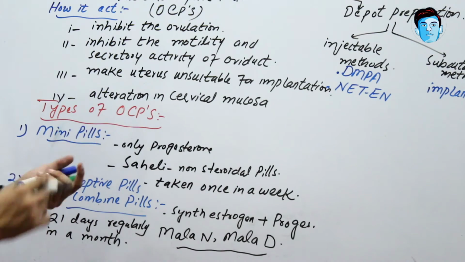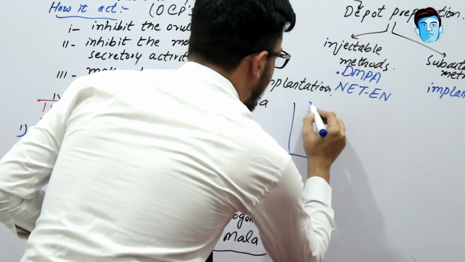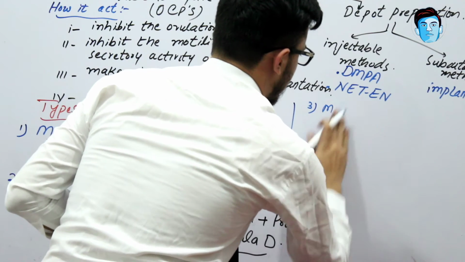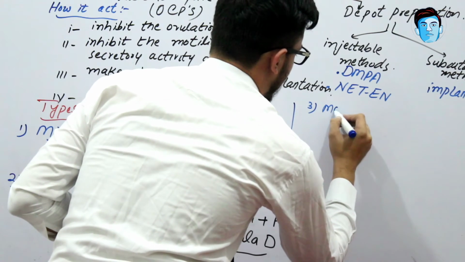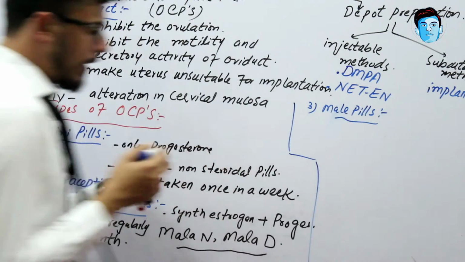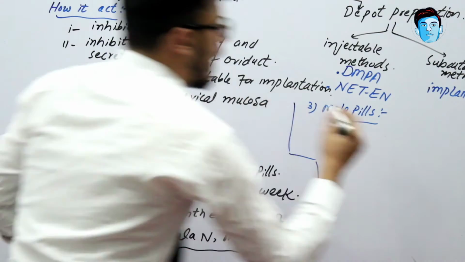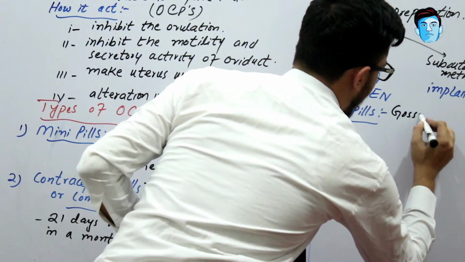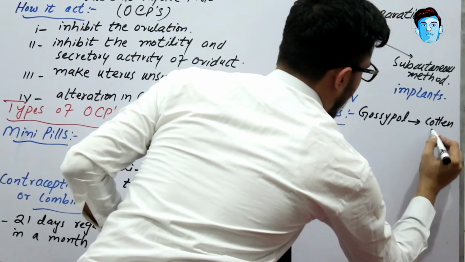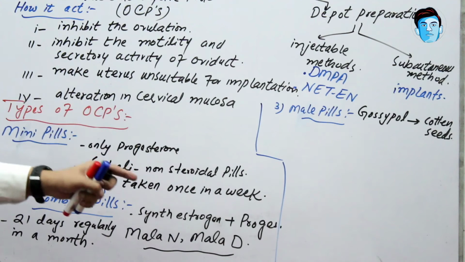What is the third type of oral contraceptive pills? The third type is called male pills.